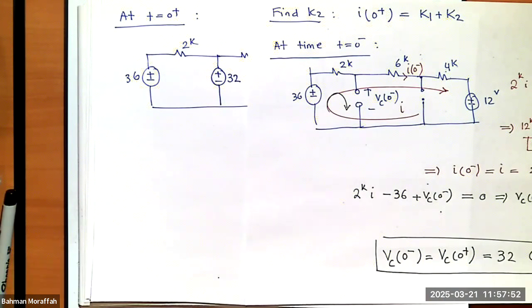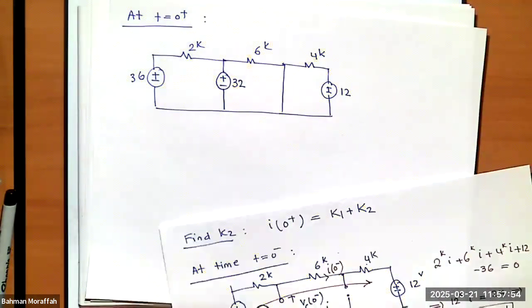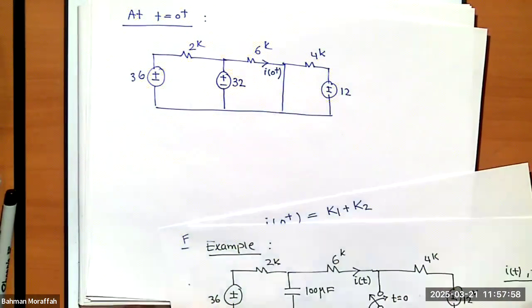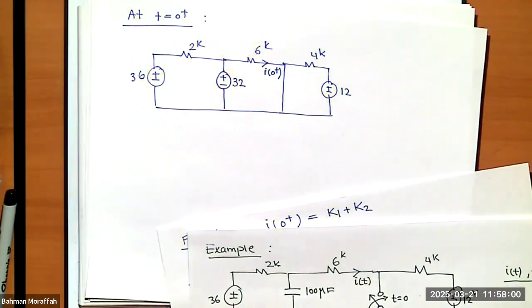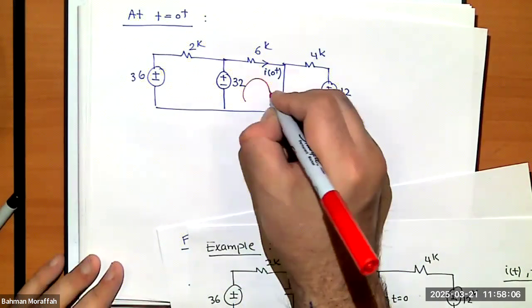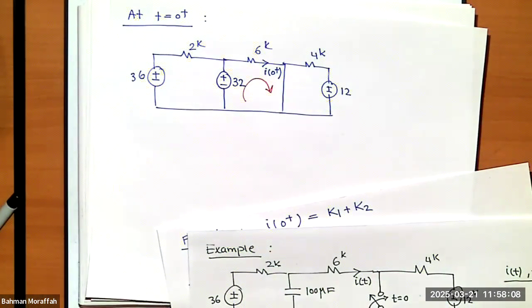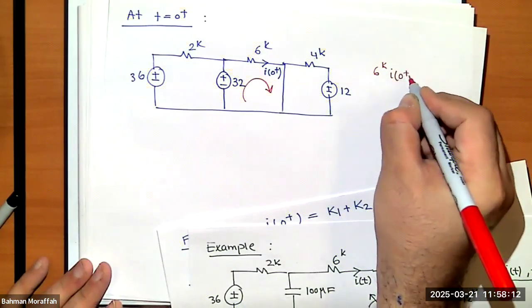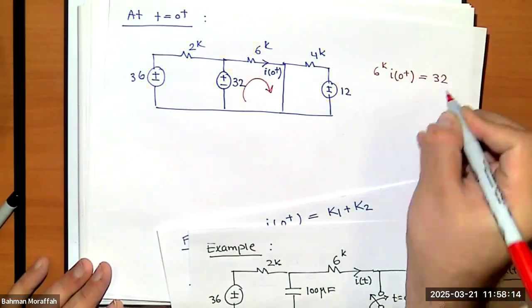So how do we find I at time 0 plus? Because that's what we're interested in. How do we find it? I just need to write a KVL here. So if I write a KVL here, I have 6K times I at time 0 plus equals 32.